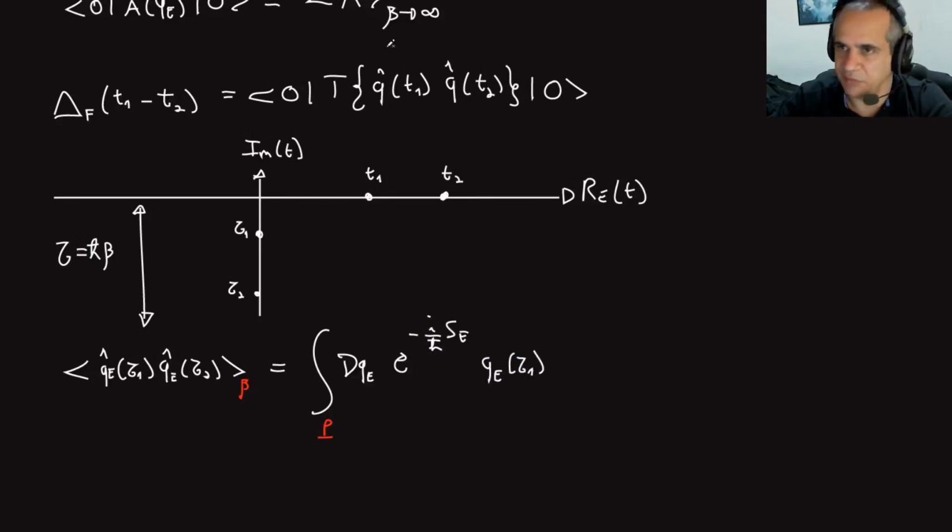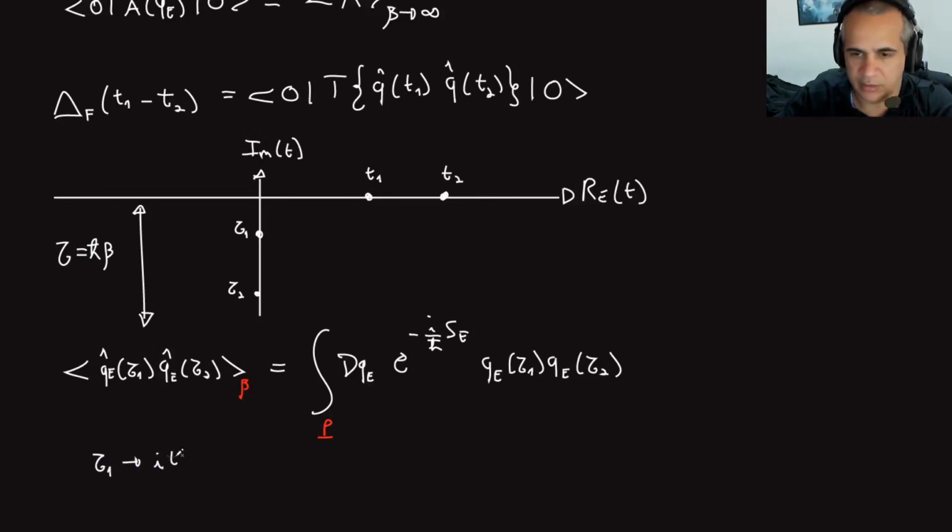Just like I did with the A above, right? Now, if I want to go back to Minkowski time, all I have to do is tau 1 goes into it1, tau 2 goes into it2.